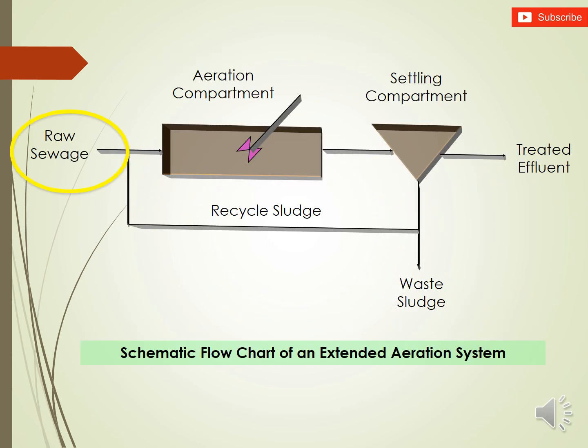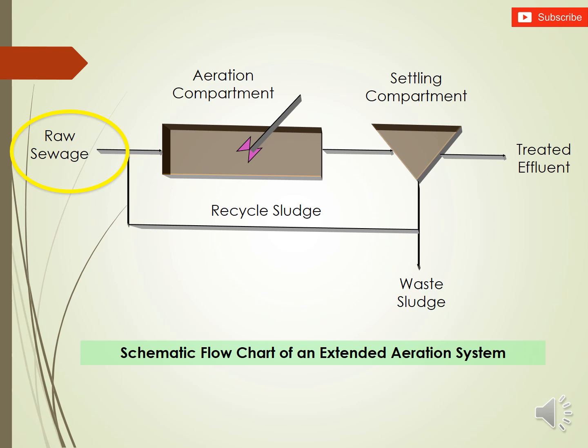This is a schematic diagram of the extended aeration system. The main difference compared to the conventional activated sludge system is that there is no primary treatment. As you can see here, we put the raw sewage, which comes after the preliminary stage.